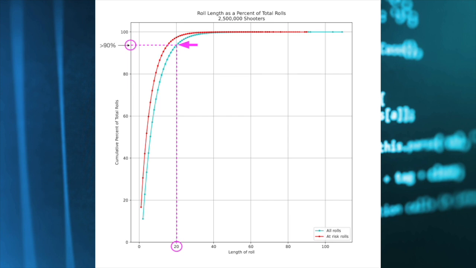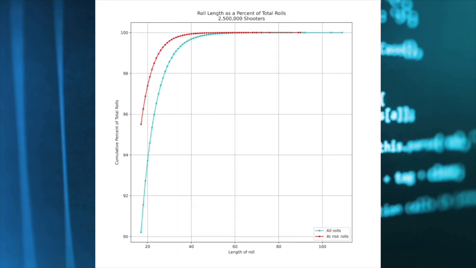In fact, if we zoom in on just the topmost part of the plot, we can see more detail. Now we've zoomed in on just the very top of the plot. I've started the plot where both the all rolls and the at-risk rolls start at 17 throws. You can see that for all rolls, more than 90% of rolls are 17 throws or shorter.